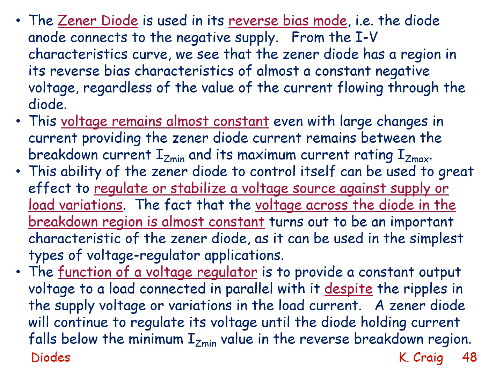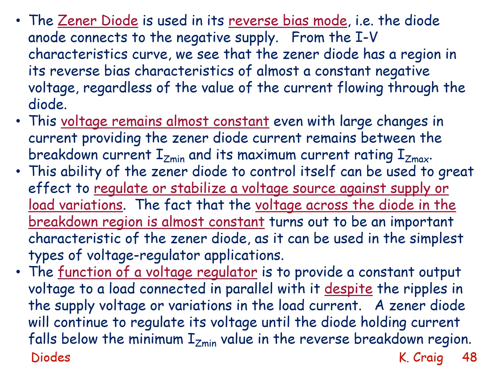This ability of the Zener diode to control itself can be used to great effect to regulate or stabilize a voltage source against supply or load variations. The fact that the voltage across the diode in the breakdown region is almost constant turns out to be an important characteristic of the Zener diode, as it can be used in the simplest types of voltage regulator applications.